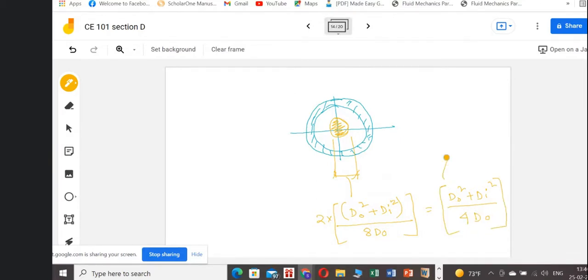This is the diameter of the core for a hollow circular section.